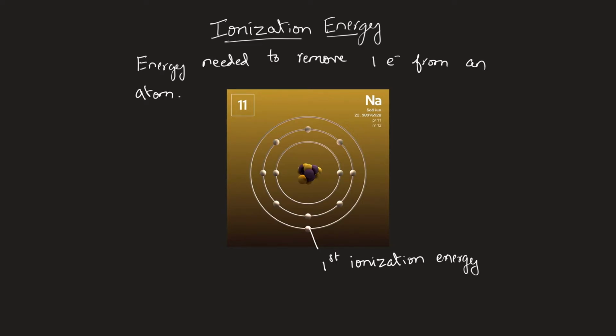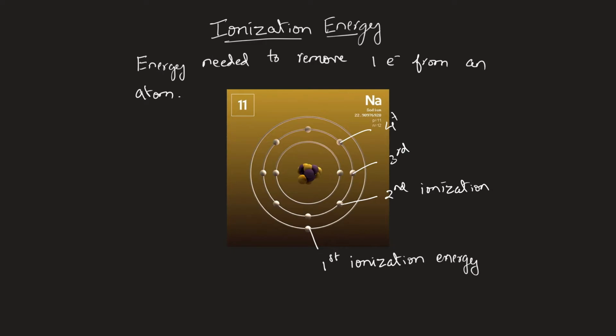What if you want to take out even more electrons? Once you have taken the first electron out, now you have 8 other electrons to choose from. So let's say this is your second ionization energy. This would be your third.